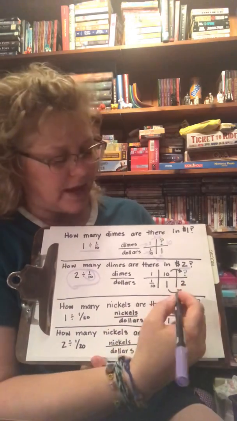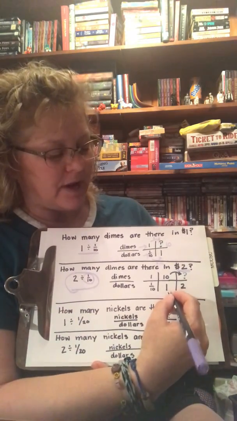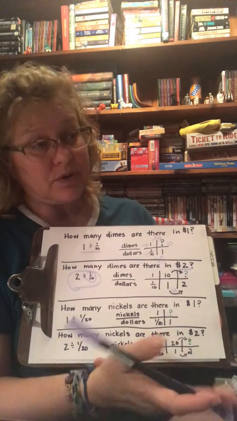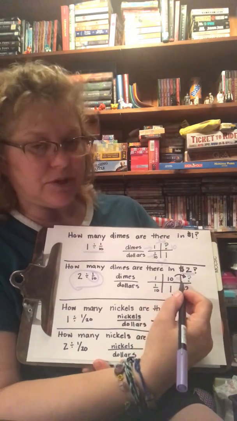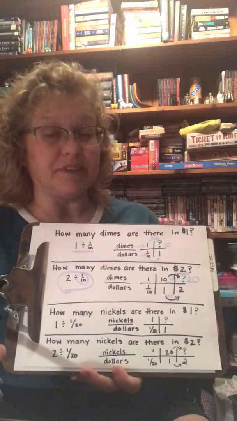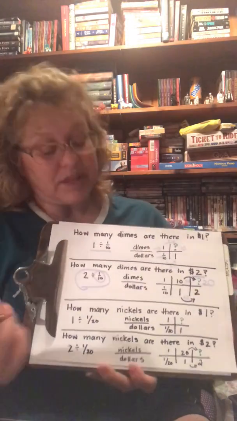Because remember, we can do that. So in order to figure this one out, I need to multiply this by 2, and if I multiply the bottom by 2, of course I multiply the top by 2. So 10 times 2 equals how many? Exactly. 20 dimes are in $2. That's what they want to know.